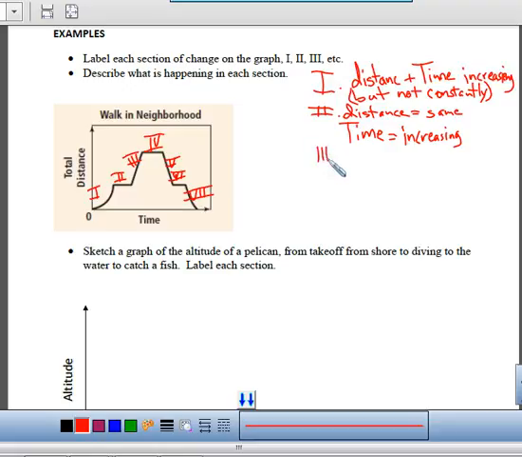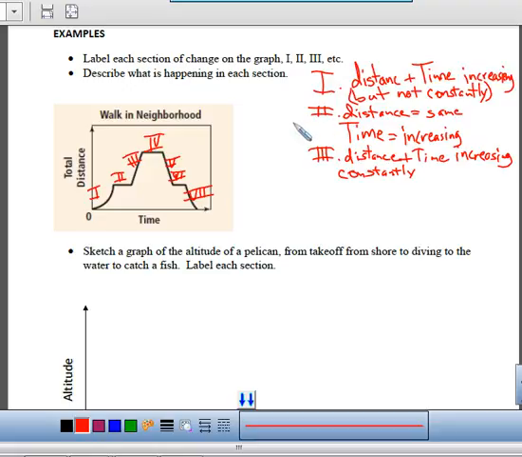Section 3, we have distance and time increasing, but this time it is constant because we have a straight line. So distance and time increasing constantly. So that's like a person walking at a steady pace.